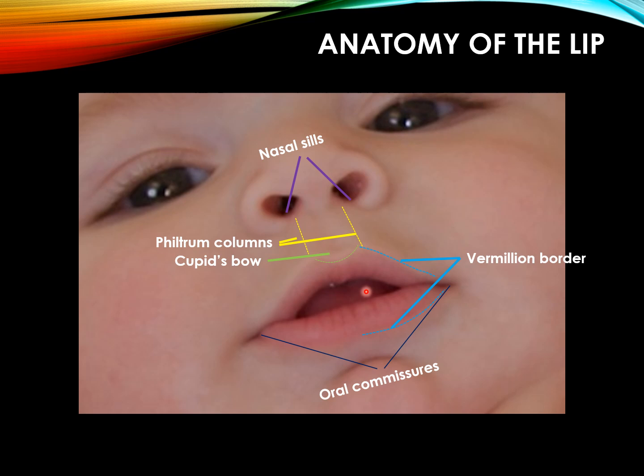These include the philtrum, two philtrum columns, nasal sills, cupid's bow, vermilion border, and oral commissures.